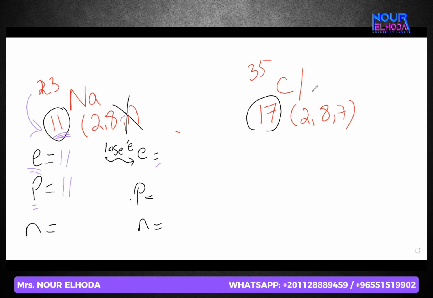To get the number of neutrons, you subtract 23 minus 11, so it will be 12. Now I lost one electron. So the electrons became how many? Instead of 11 they will be 10. Did I touch the protons or the neutrons? Did I lose or gain any protons or neutrons? Correct, bravo.